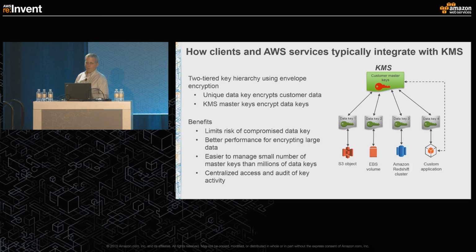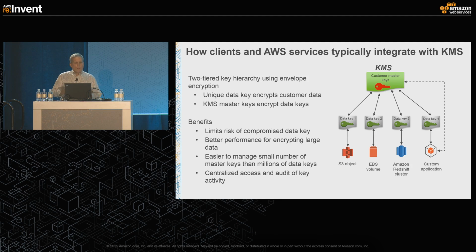In general, we're using a two-key hierarchy whenever encryption of an AWS resource occurs, which means that for every resource, we ensure you have a unique data encryption key. That's every S3 object, or every Redshift cluster, or every EBS volume, and so on.